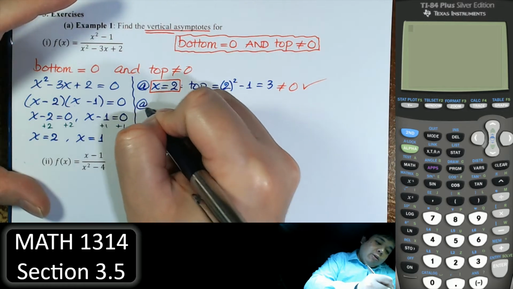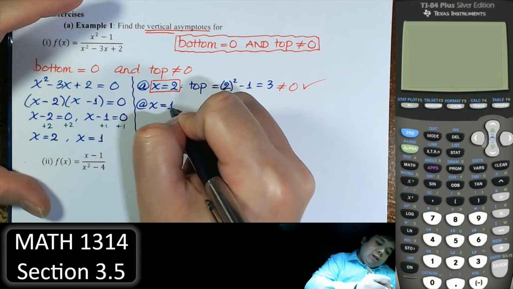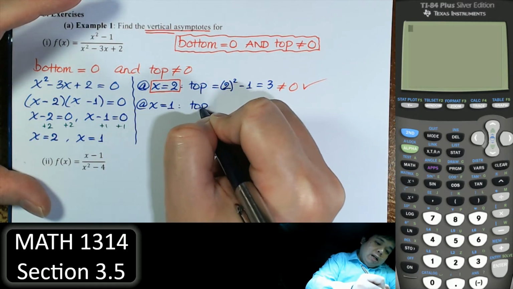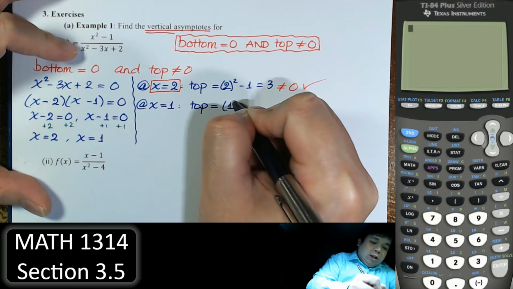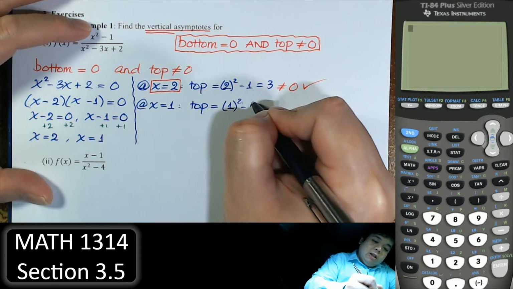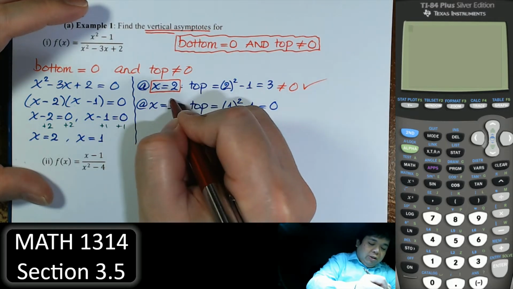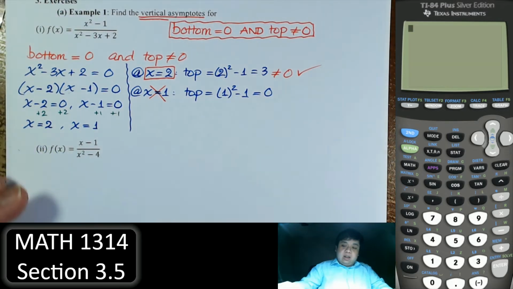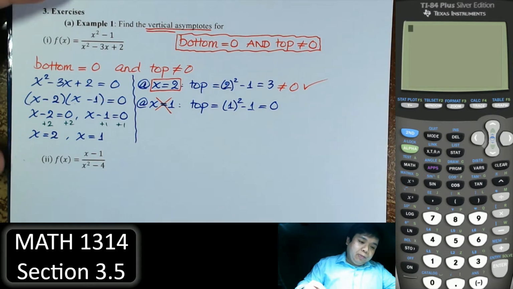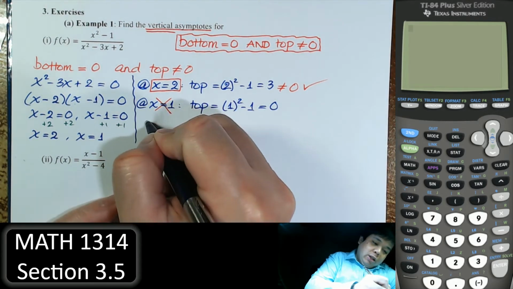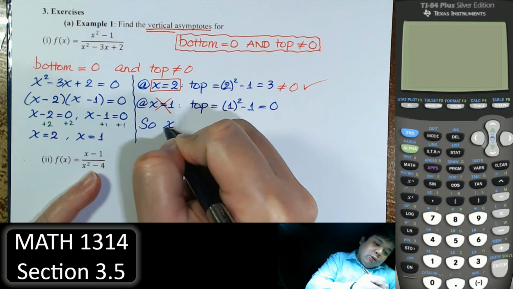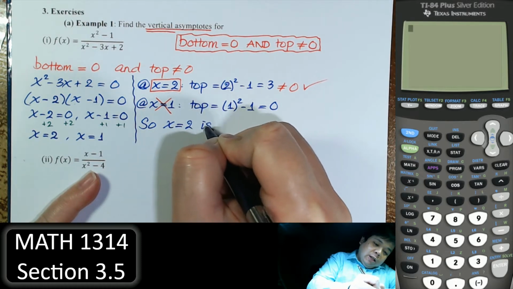And now we test x equal to 1. The top in that case will be 1 squared minus 1, substitute for x, and that equals 0. So this fails. x equal to 1 is not a vertical asymptote. So we said x equal to 2 is a vertical asymptote.